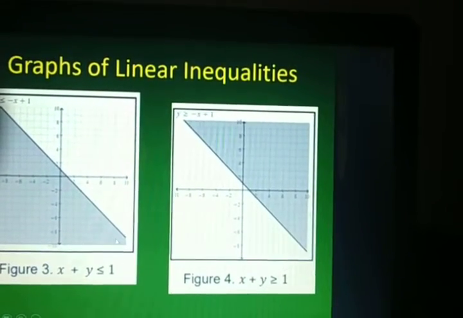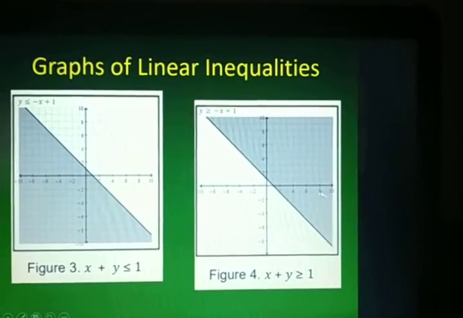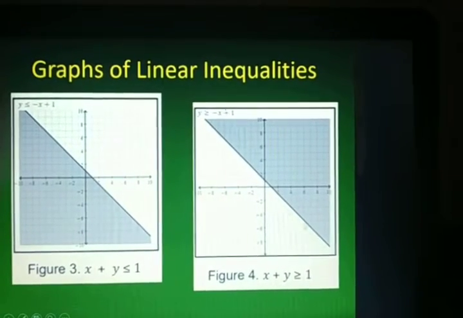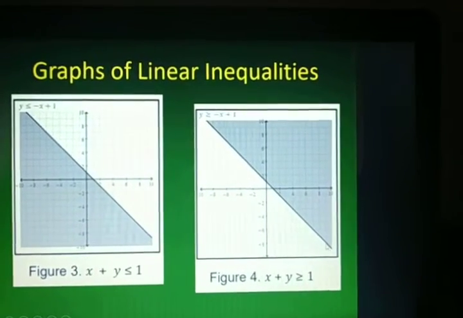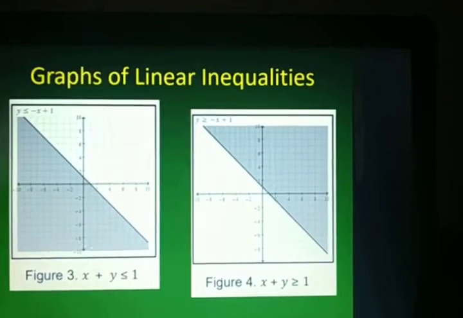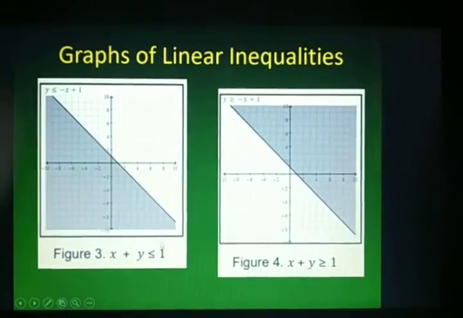Pero kung less than, shade down or below the line. Pero kung greater than, shade up or above the line. And all of the points included in the straight line and the shaded region, the half plane, are solutions to the linear inequality.